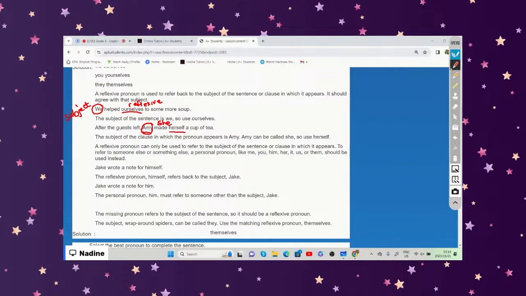It's the same as saying after the guest left, she made herself a cup of tea. So Amy can be called she. So we still use herself, which means that this is a reflexive pronoun because we can refer back to the subject.